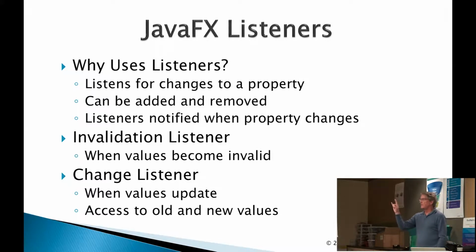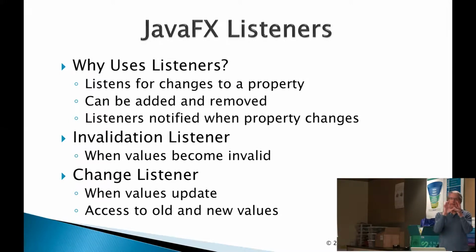Now JavaFX gives you two types of listeners that you can implement. The first one is called an invalidation listener, okay? And an invalidation listener is notified when an observed property becomes invalid. Now that's slightly different than updating. When something becomes invalid, that means that it could have been implemented with what's called lazy evaluation, right?